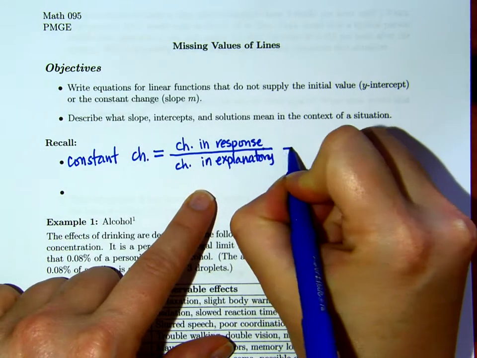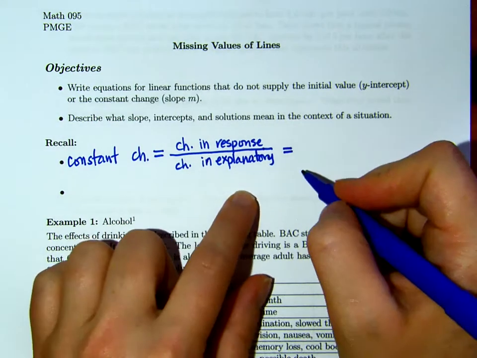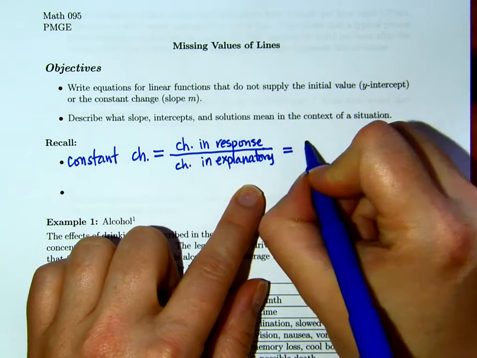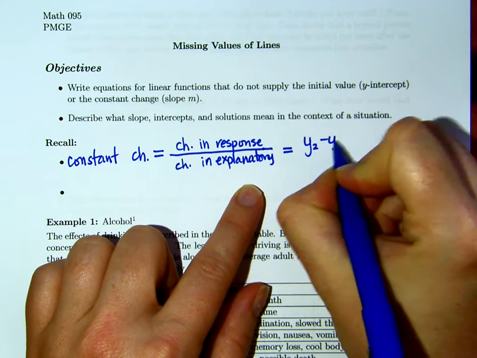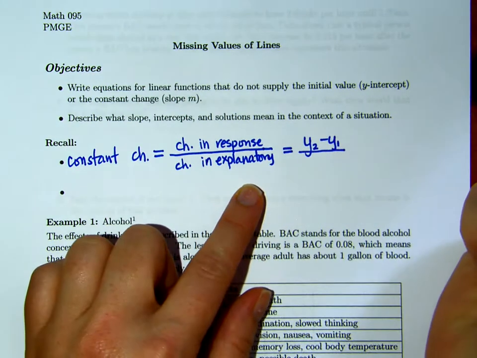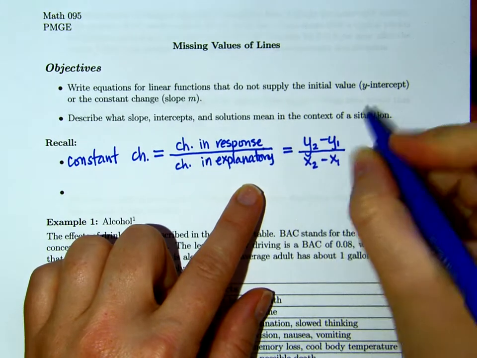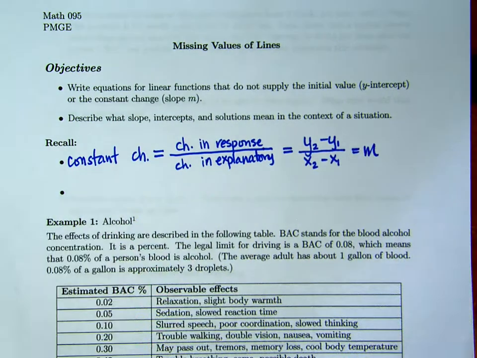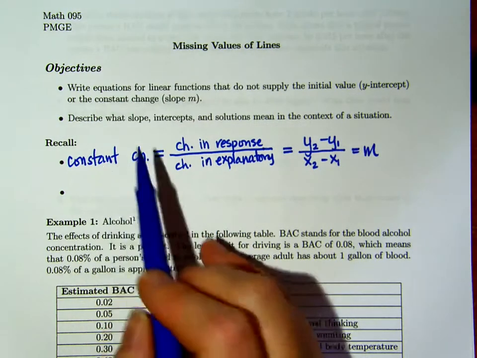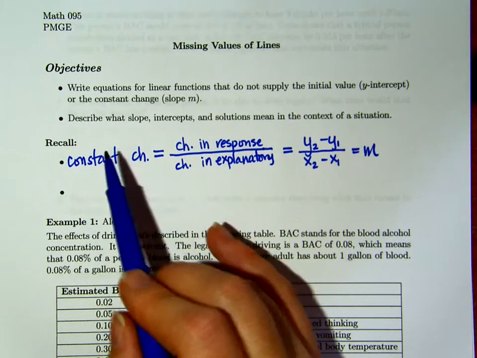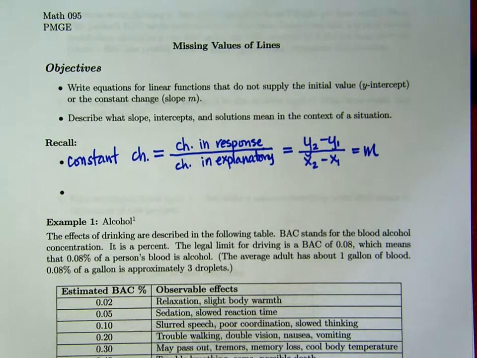And that ratio is most commonly written in textbooks and taught as this formula, y2 minus y1 compared to x2 minus x1, which we recognize to be the slope. So again, recall that the constant increase, the pattern, is the slope.